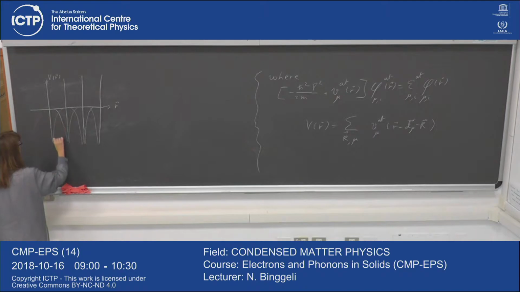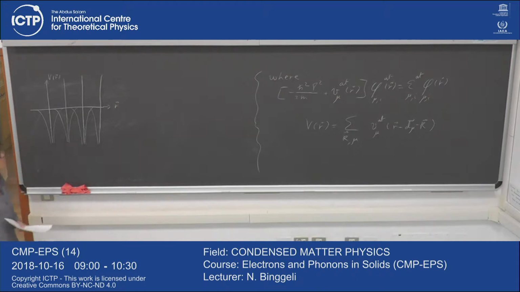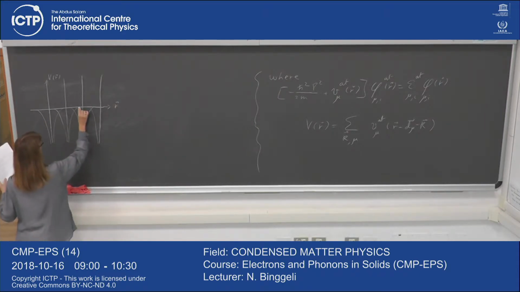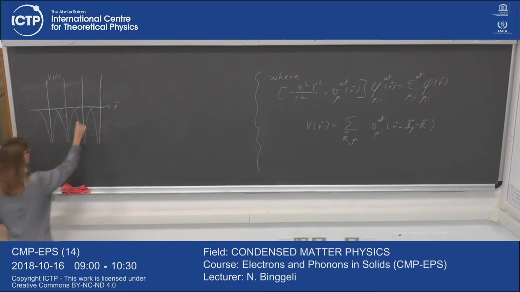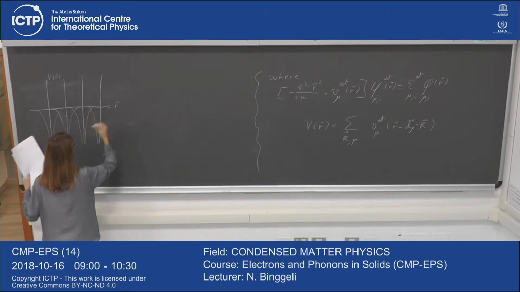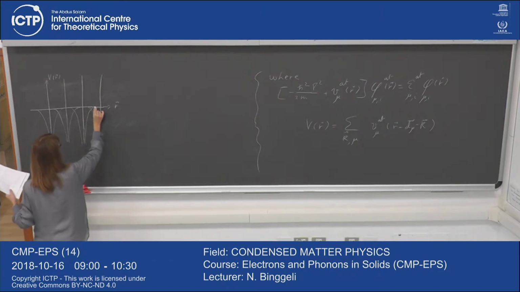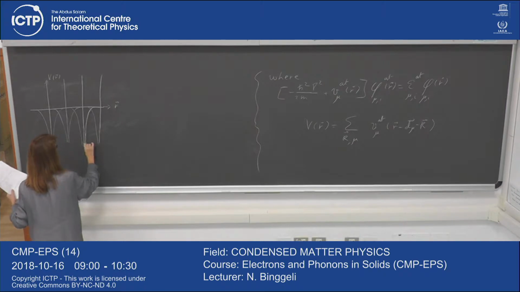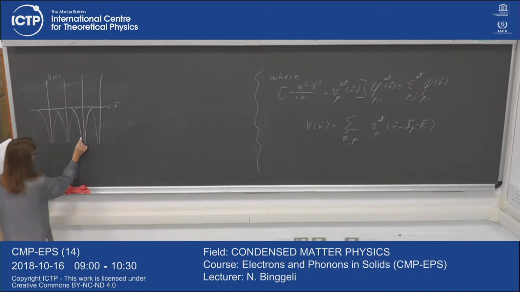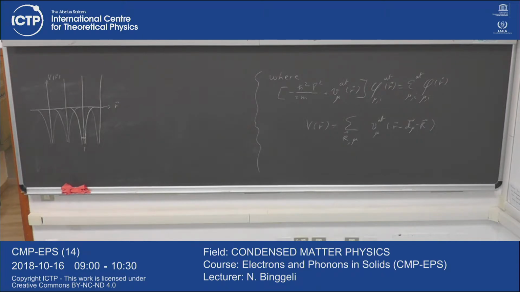Okay, so these are the Coulomb potentials on each of the atoms, and I'm summing these atomic potentials. Okay, so if I consider just, let's say, this potential for this atom that is centered here, I will have for these atoms, let's say, the lowest atomic level here, which will be a 1s state.